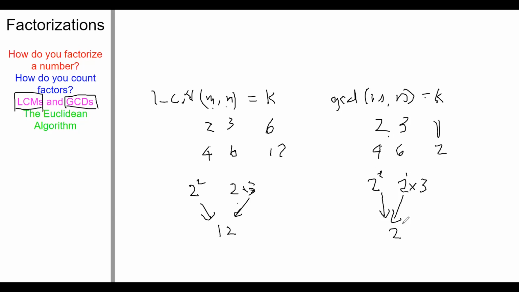Right, and then the last important thing to know is that the LCM of 2 numbers times the GCD of these 2 numbers is always equal to the product of the 2 numbers themselves.